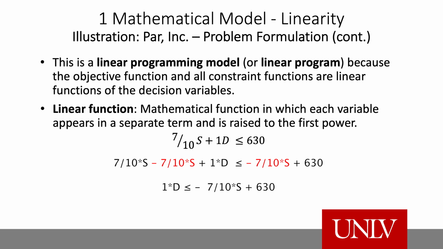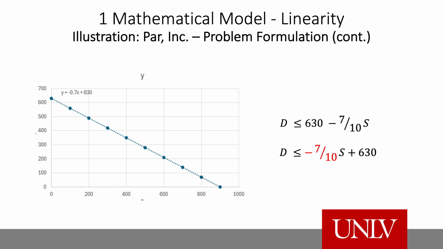And if we think of S as X and D as Y, we get a straight line equation, which is Y equals negative 0.7X plus 630. So this is a linear relationship between X and Y. We can check the graph of this equation. This is a straight line. And that's why we call this linear programming.